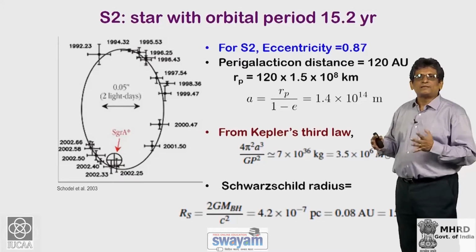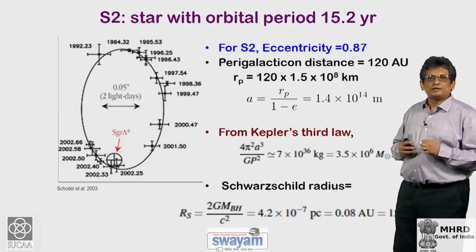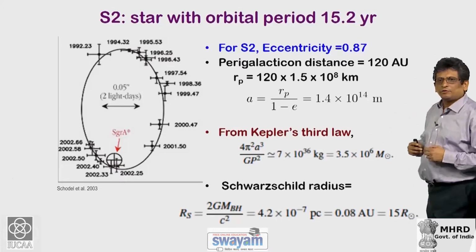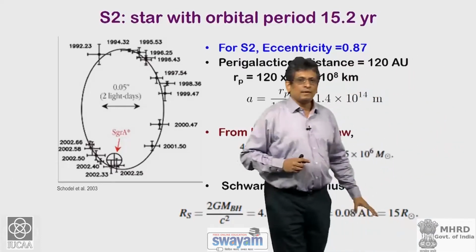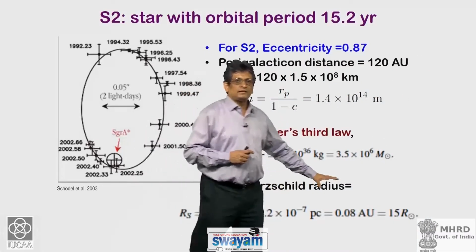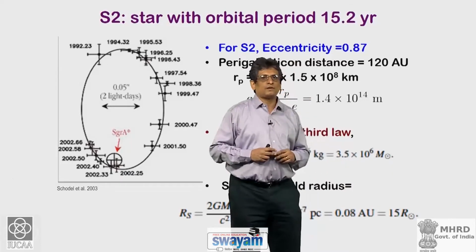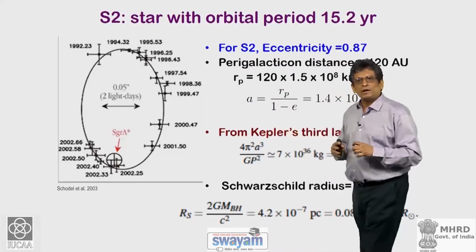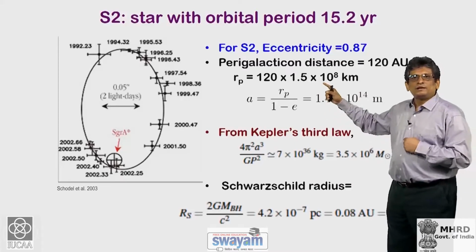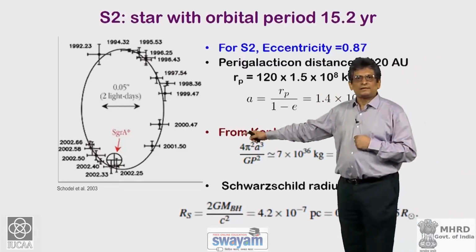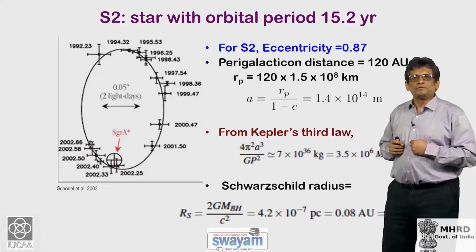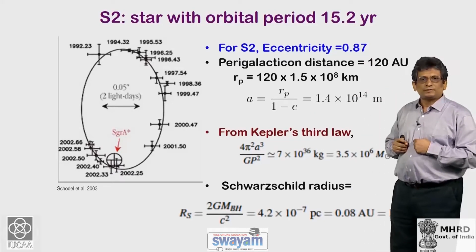If you take that mass and convert it into a Schwarzschild radius, you would find that it would be something like 15 times the radius of the Sun, which is about 8% of an AU. So it's very small compared to the nearest distance that the star goes to the central object.